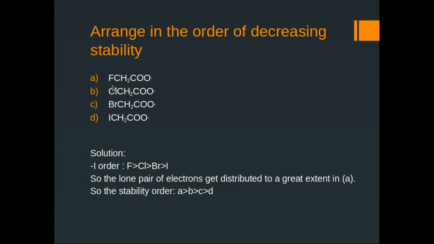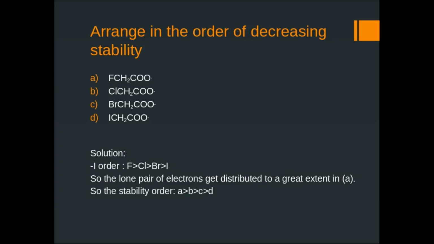Moreover, fluorine being the most electronegative element has a maximum pull of the bonded pair of electrons, which results in stabilizing the negative charge present over the oxygen ion.